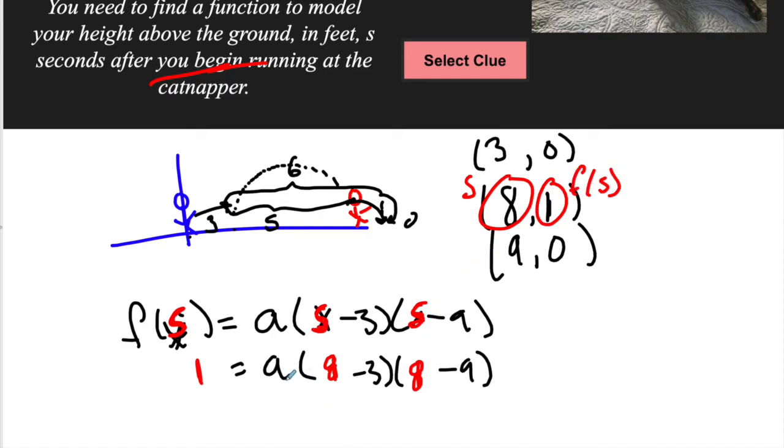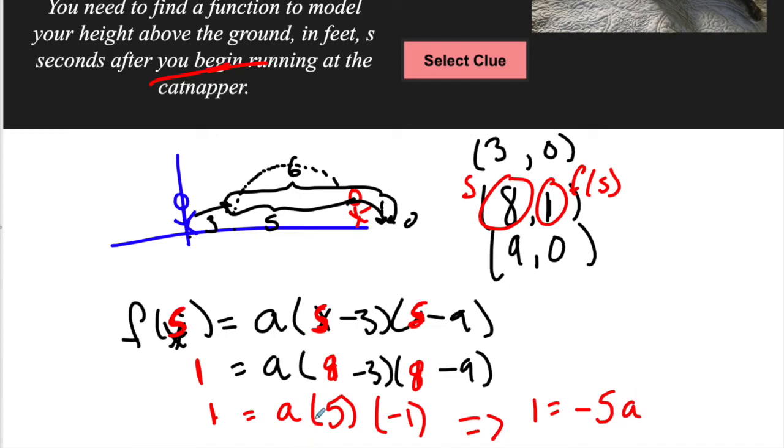So we have a 1, we have an a, we have a 5, 8 minus 3, and we have a negative 1. So we have 1 equals negative 5 times a, because this is negative 5 times negative 1. So I divide both sides, and I get a equals negative 1/5.